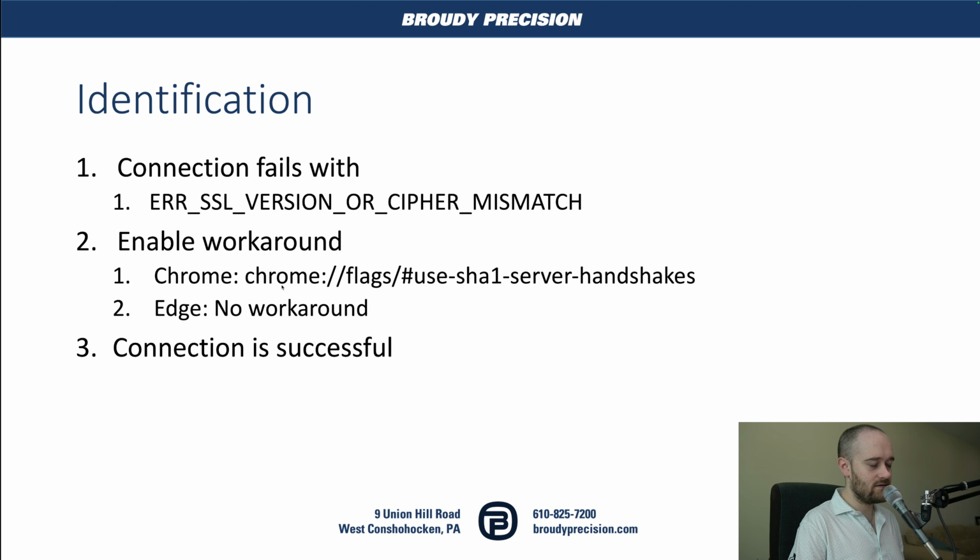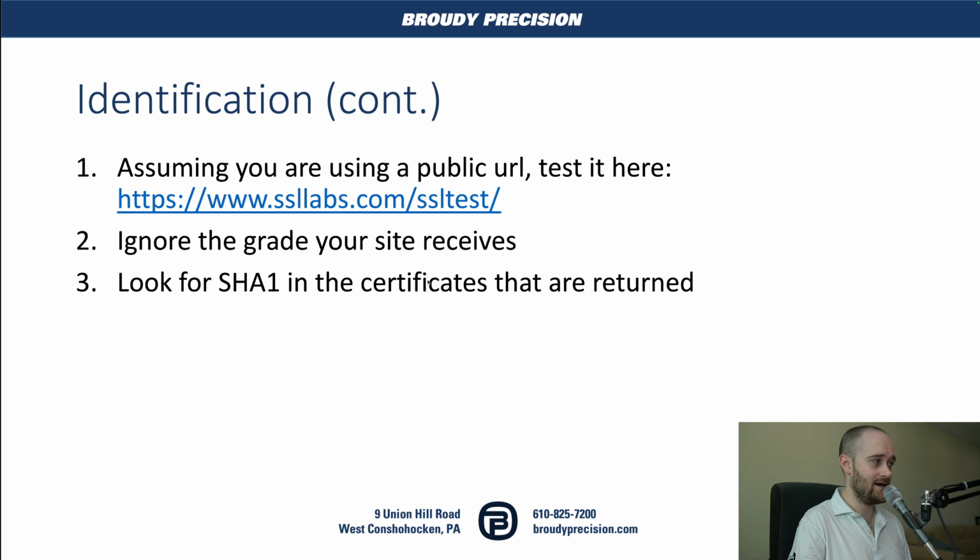There are workarounds in Chrome where you can set a developer flag. They are very likely going to be phased out soon in newer versions, so that won't be an option. But it is good to know that that is available, and this is how you get to that flag.